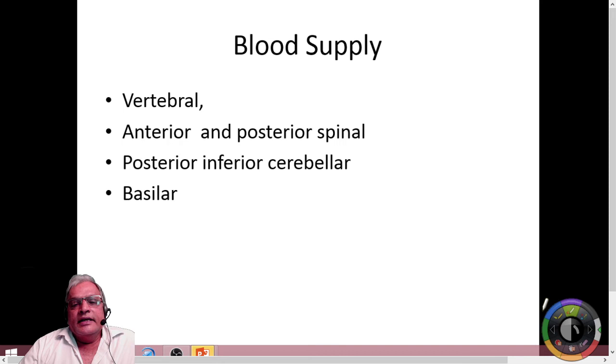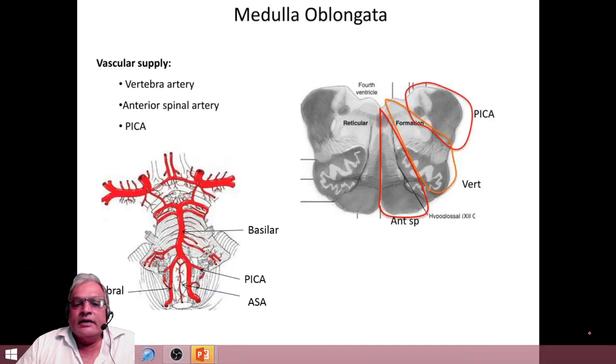Then blood supply of this medulla oblongata. It's supplied by the vertebral artery, the anterior and posterior spinal arteries, the posterior inferior cerebellar artery, and the basilar artery. So these are the 4 principal arteries that supply the medulla.